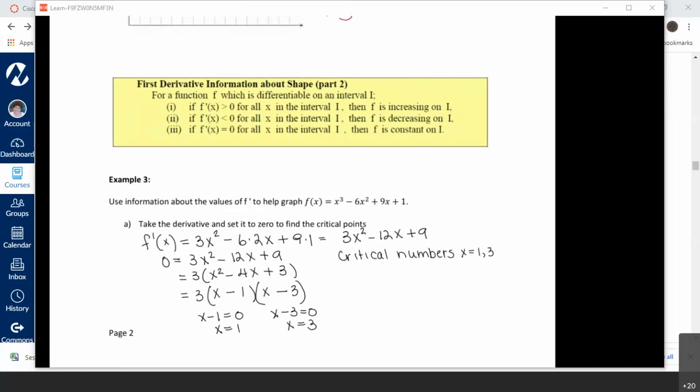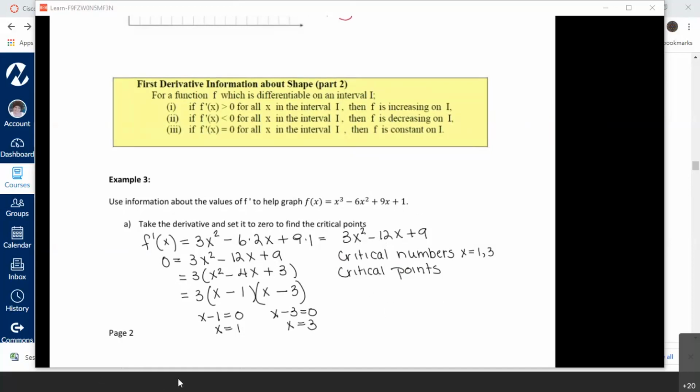And if I'm interested in critical points, I have to figure out what the y values are that go with that. That's a calculator problem. I can just plug in my 1 and solve for the f of x value. I have to plug it into the original equation to see the y value that goes with it.